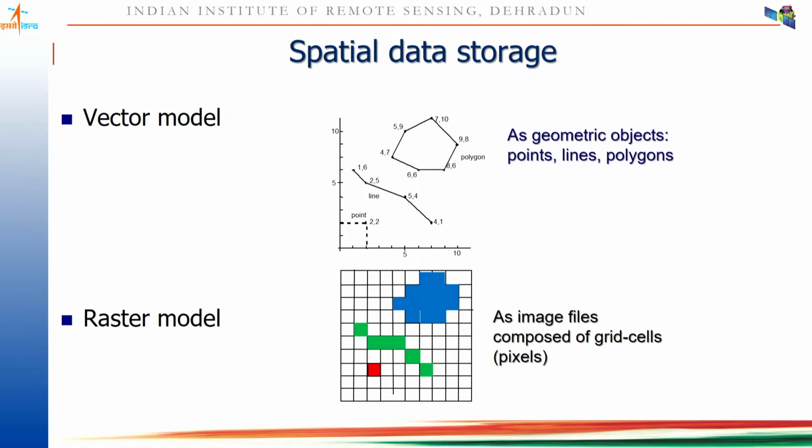And when we have a continuous surface like a temperature map, a rainfall map, these do not have specific boundaries, or you cannot say that after this boundary temperature will change. These are continuous data, like soil moisture. So here we use the raster data model. These two models are available, and depending on your data and your requirement, you can select the data model.